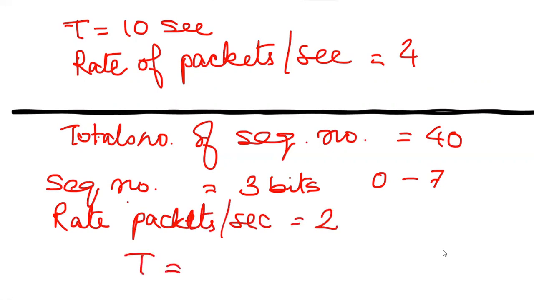Then T can be some multiple of 8 by 2, which is 4 seconds. T can be 4 seconds. That means my sequence numbers 0 to 7 cannot be repeated within 4 seconds.